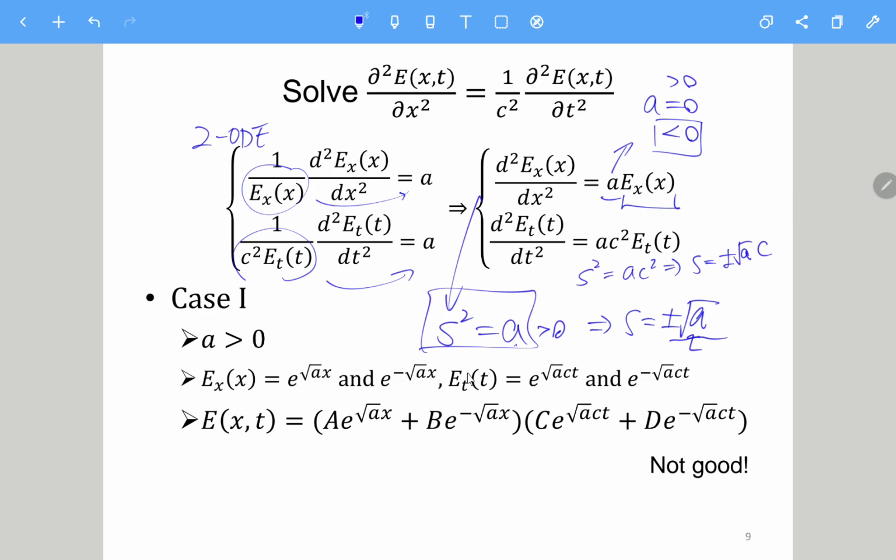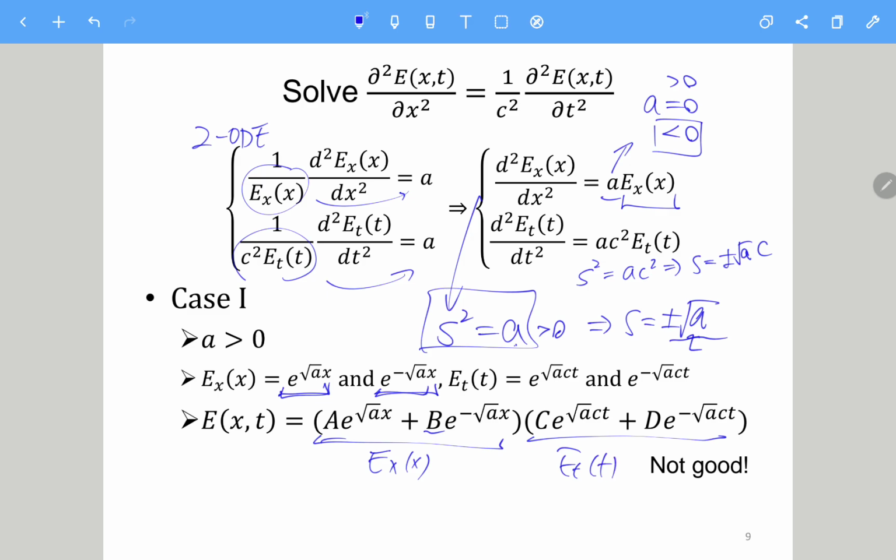In general, we need to write out the general solution, which means we need the linear combination: we multiply this one by a constant a, multiply this by another constant b, and add them together. So this is the general E_x of x. This is E_t of t.